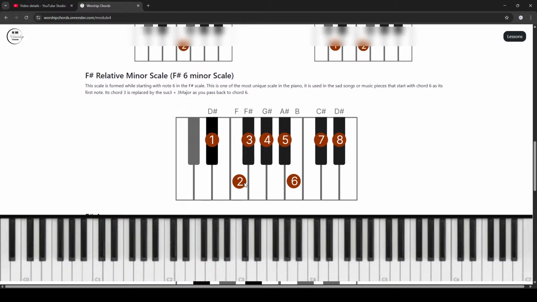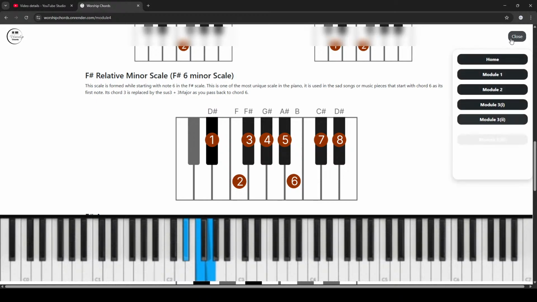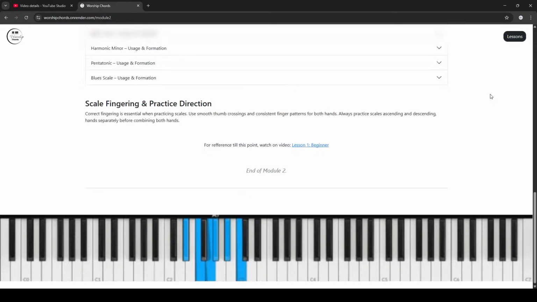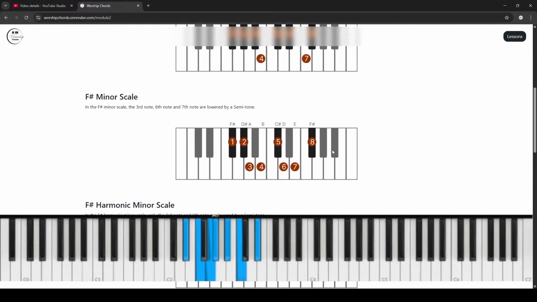Now let's look at this key first in its major scale. So let's look at D sharp major scale. So this is note 1, 2, 3, 4, 5, 6, 7, and 8.